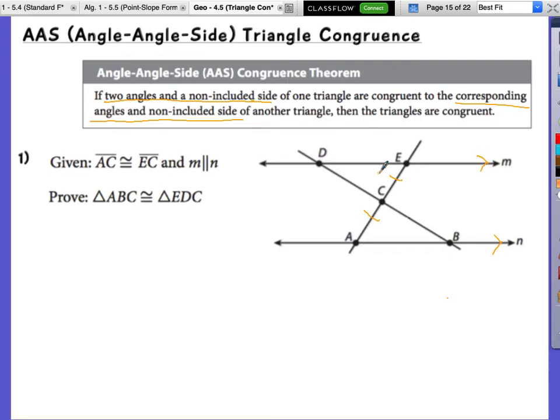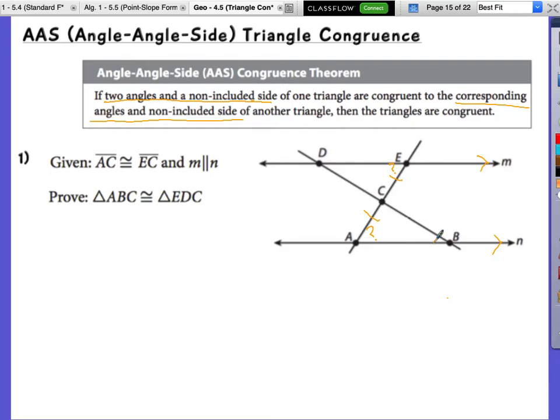Do we know anything specifically about angle BAC and angle DEC, if we have two parallel lines cut by the transversal A to E? Don't look at where my arm's at, it covers that line up. We look at these two angles. What do we know about those two angles? They're congruent. Why are they congruent? Alternate exterior angles.